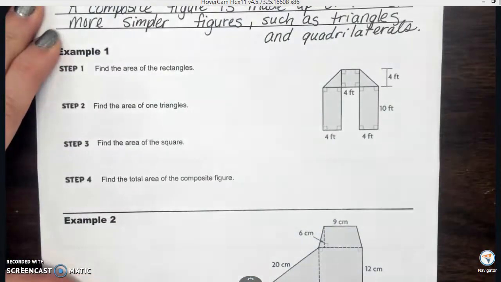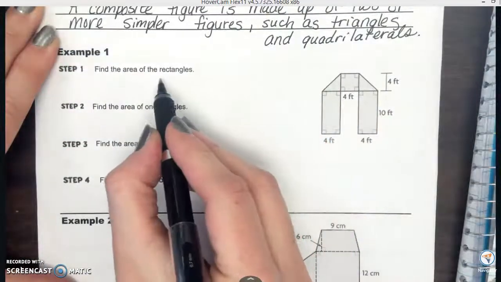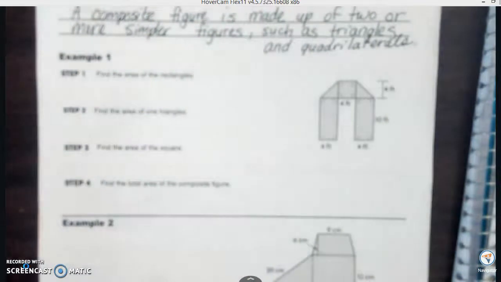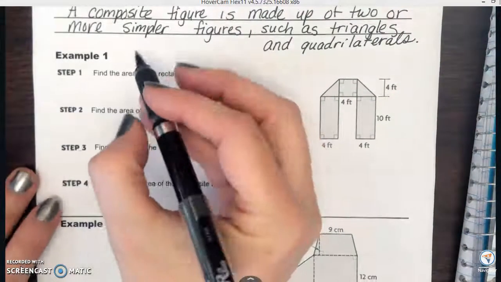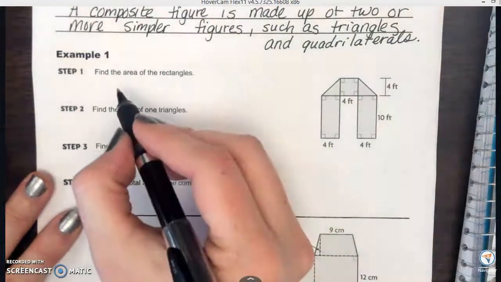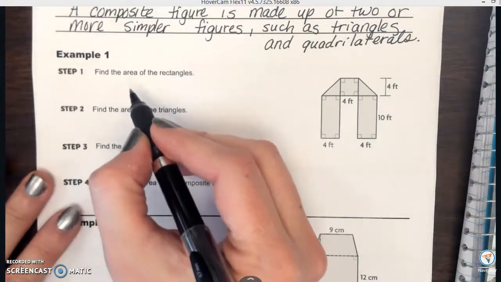I hope I've given myself enough room. If not, I've got my notebook handy so I can work in my notebook if I need to. So first off, for the area of a rectangle, we learned last year, or you learned last year in 5th grade, that the area of a rectangle is area equals length times width.